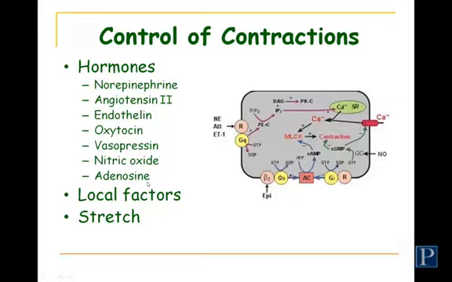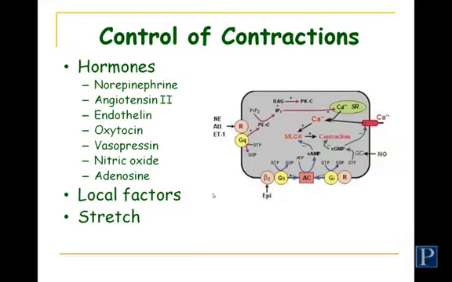Nitric oxide and adenosine, we'll talk about this trimester and next trimester. Those will result in smooth muscle relaxation. Nitric oxide is produced by the endothelial cells, which line your blood vessels, and it's a very good vascular smooth muscle relaxer.